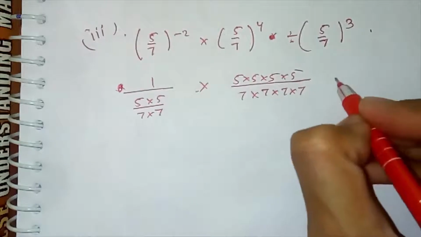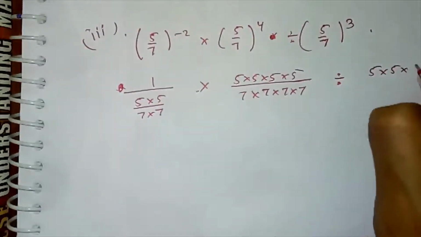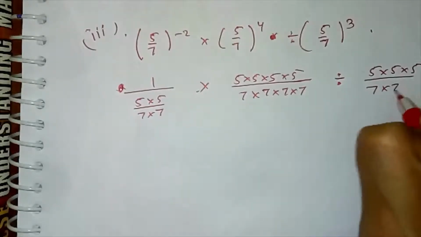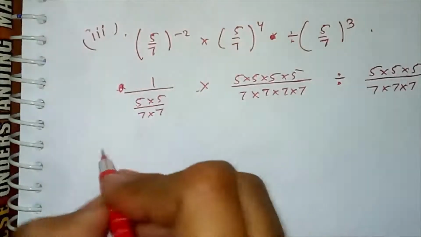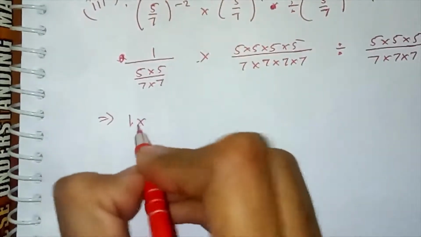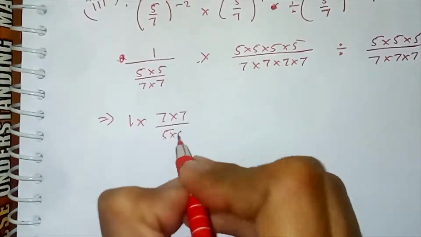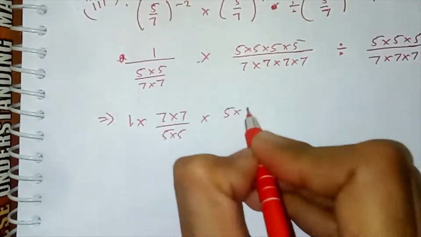So here divide the same way, 5 into 5 into 5 upon 7 into 7 into 7. After taking the reciprocal, we will get 7 into 7 upon 5 into 5 into 5.